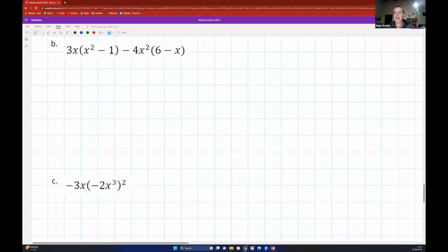That's why the answer turns into 0. Because the terms are like, we can add and subtract them from each other. So negative 1 plus 1 is 0.